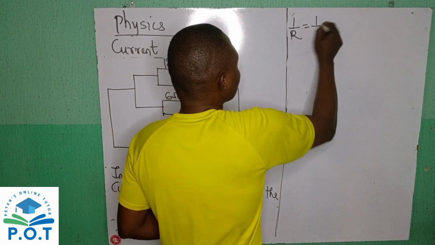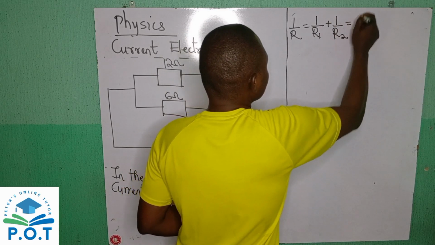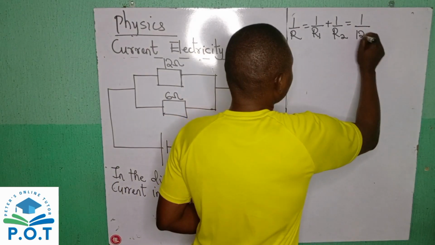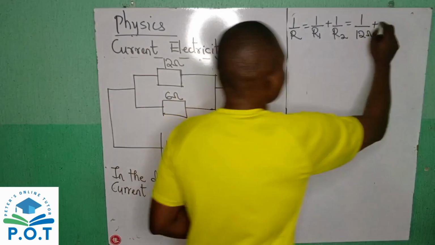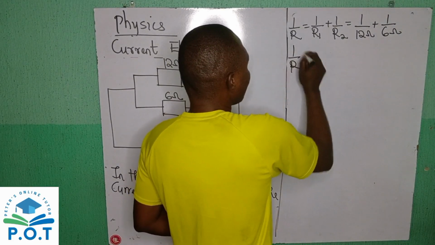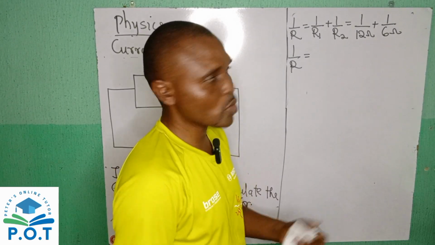1 over R equals 1 over R1 plus 1 over R2. Our R1 is 12 ohm, and our R2 is 6 ohm. So I'm having 1 over 12 plus 1 over 6. Now, 1 over R equals, the LCM of 12 and 6 is 12.